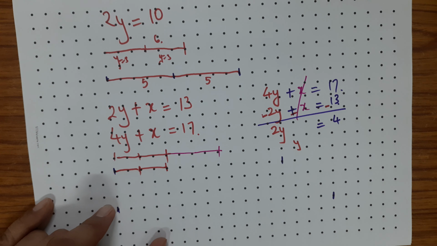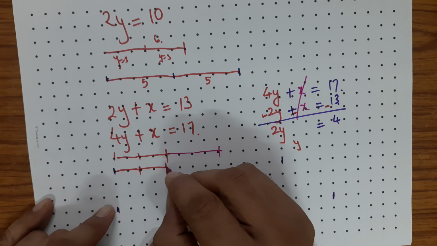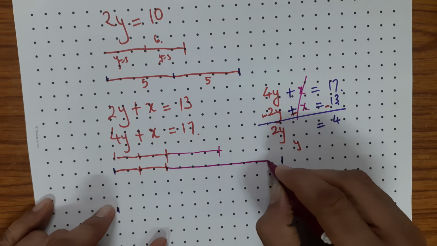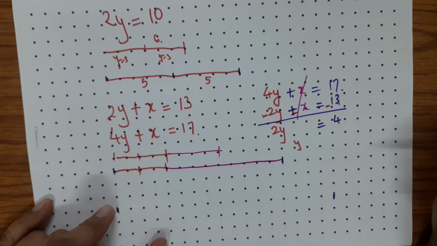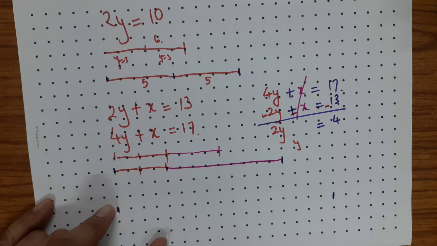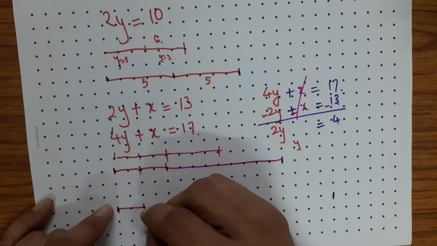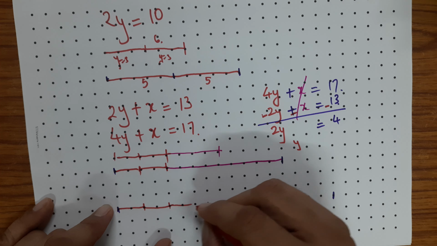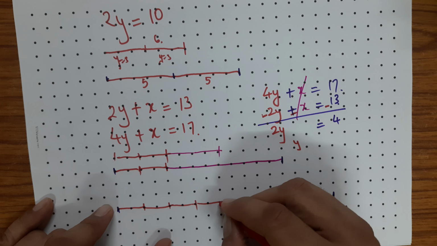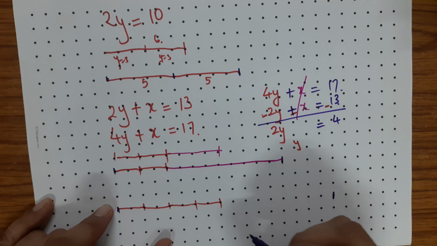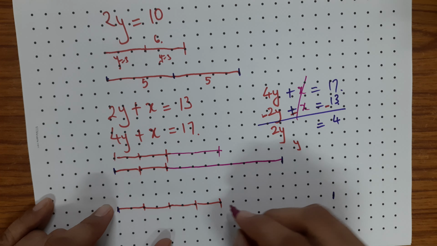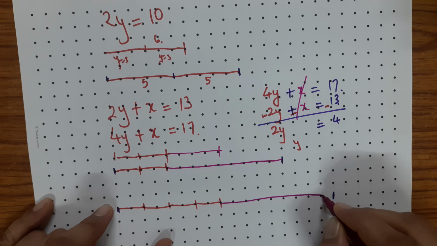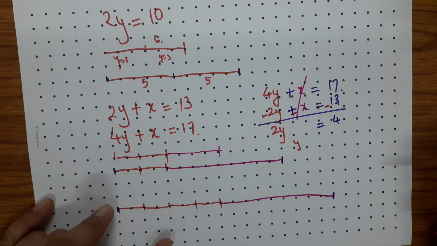So what this means is, 2y plus x is 13, and 4y plus the same x is equal to 17.